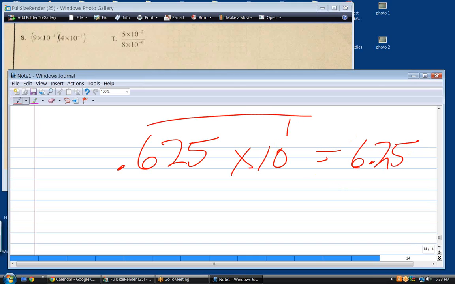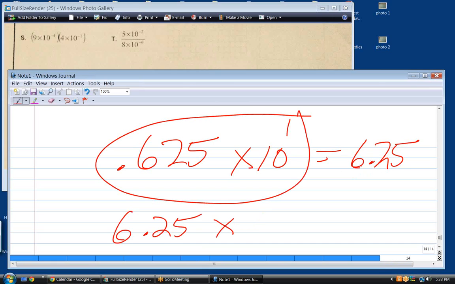Okay, so if I was going to express that as scientific notation, I know what the number is. So it's 6.25 times what? 0. Yes. And that always tells you which way to move the decimal point, depending on whether you're going right or left. In other words, I had to go to the right and I had to subtract. If I'm going to the left, I got to do the opposite.